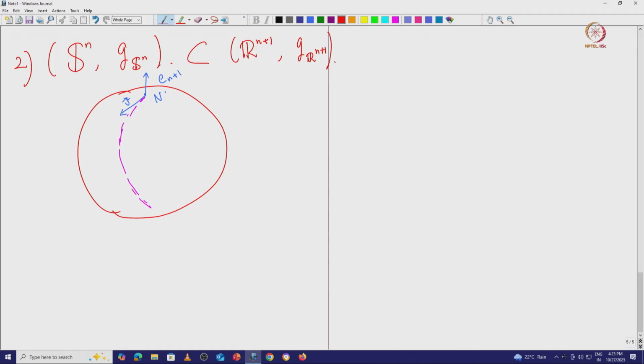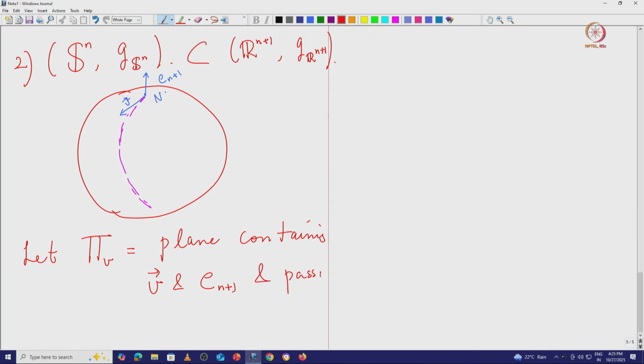So we have the n plus first direction that is normal to the sphere at the north pole. So what I do is I just consider the plane. So let pi_v be the plane containing these two vectors v and the n plus first basis vector and passing through the origin.